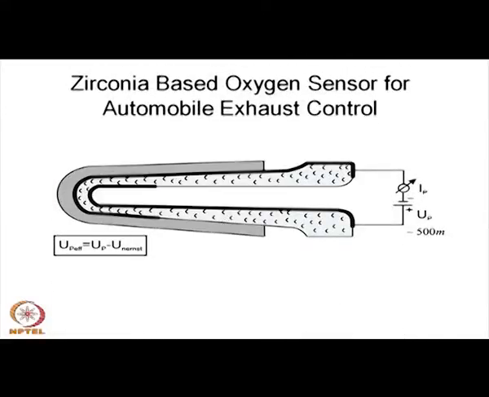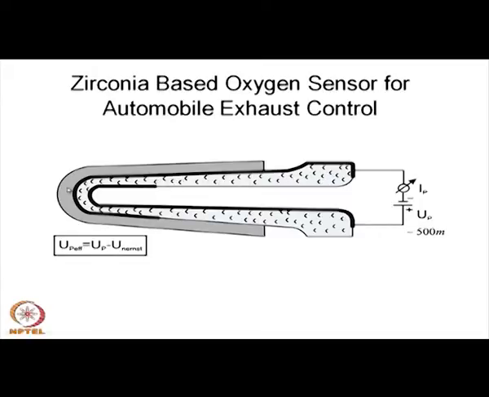Now, this is an industrially used oxygen sensor. Same thing, basic principle remaining the same, the design is slightly different. This is also a one end closed tube, it is not a flat end, but a kind of circular end. So, this whitish region is actually the electrolyte, or the zirconia.